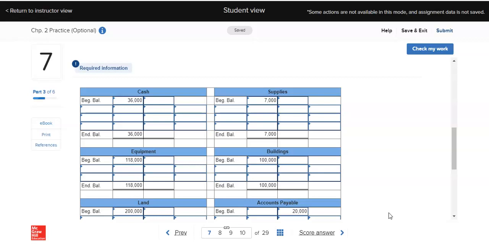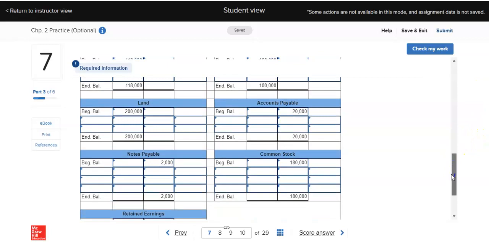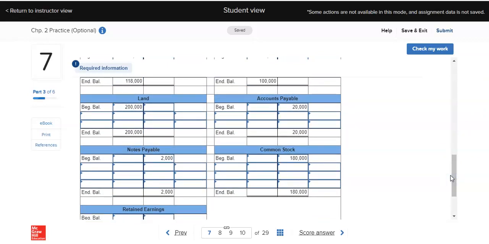So according to our rules of debit and credit, the word assets is on the left side of the accounting equation, so we increase assets on the left side. Therefore, all assets like cash, supplies, equipment, buildings, and land should have a normal left side or debit balance. Liabilities and stockholders' equity accounts occur on the right side of the accounting equation, so we increase them on the right side.